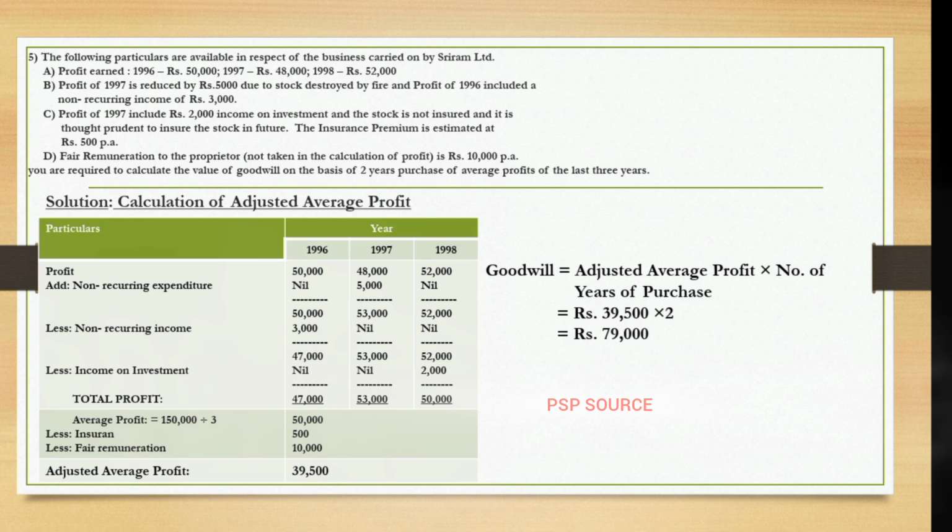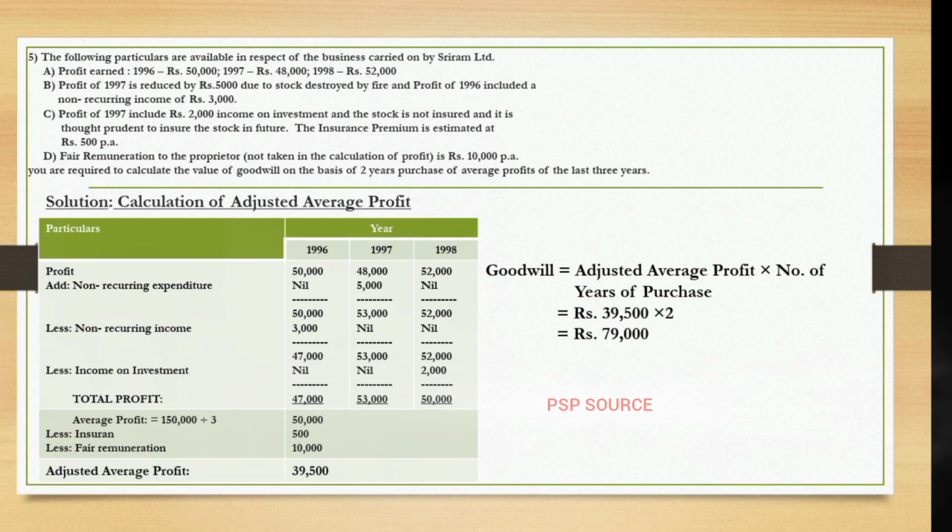For calculating adjusted average profit, we need first of all the profit. Profit for 1996, 1997 and 1998 is 50,000, 48,000 and 52,000. And there is a non-recurring expenditure given for 1997, that is rupees 5,000. We have to add such expenditure to profit.